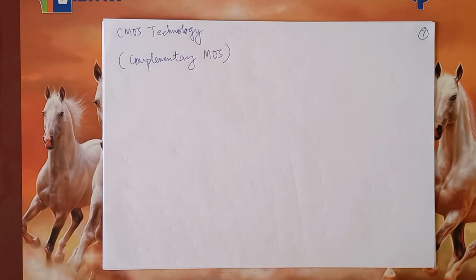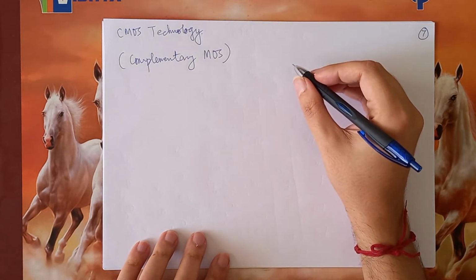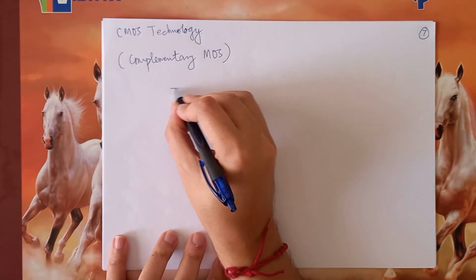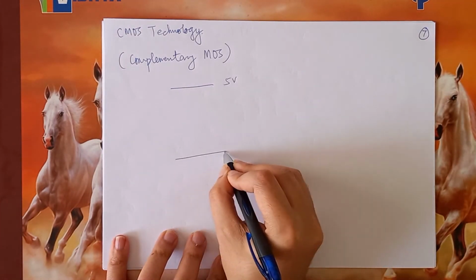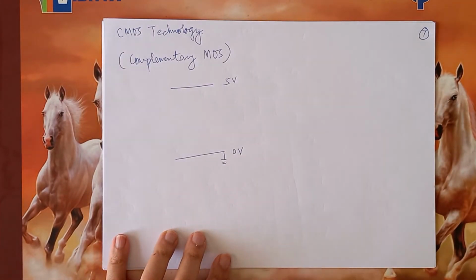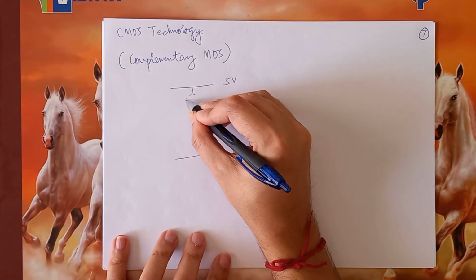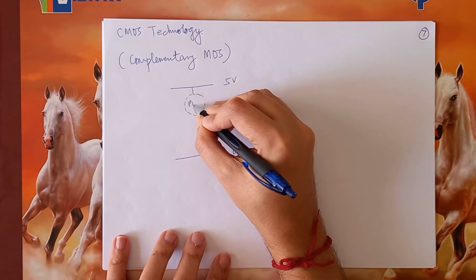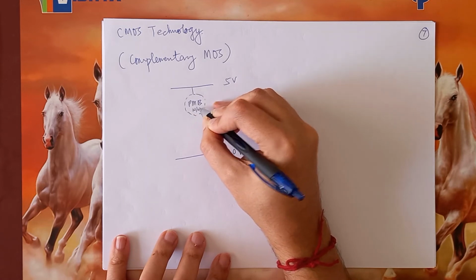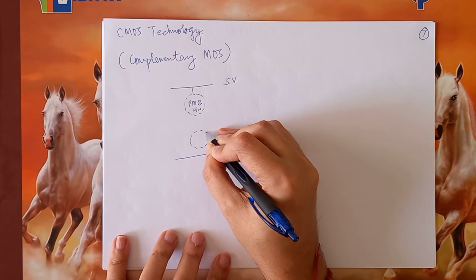So the question now is why this is called so. What we are seeing is that irrespective of how many inputs there are, I have a 5 volt line and I have a 0 volt or ground line. And I have two kinds of networks. On top, I have a PMOS network, and on bottom, I have an NMOS network.